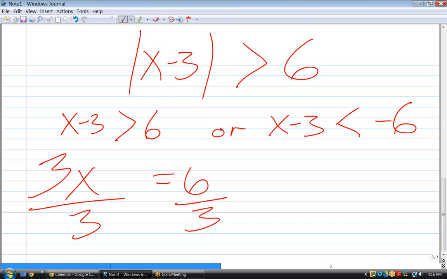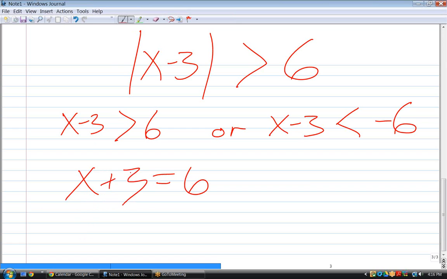You multiply when division is going on. If I had this, then I would multiply by 3 because it's currently dividing x. If I had this, I would subtract 3 because 3 is currently being added. So you always do the opposite.